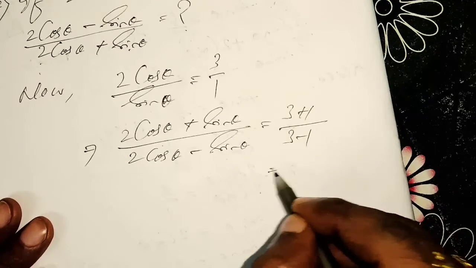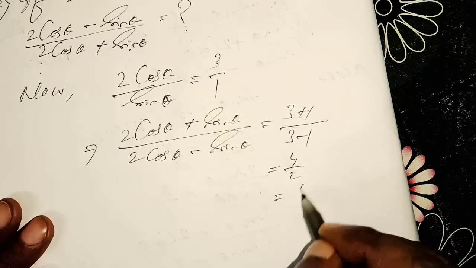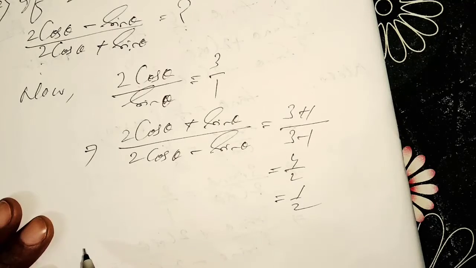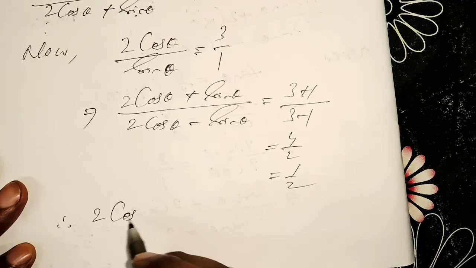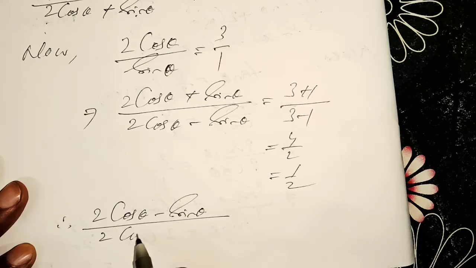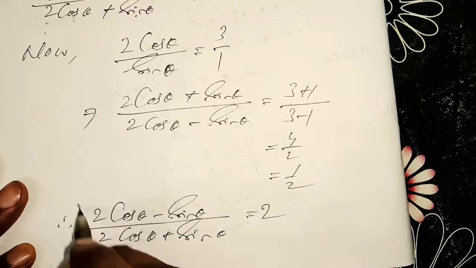How much do you get? 4 by 2, that means 2. See, you need just the reciprocal of this one. Therefore, the final answer, 2 cos theta minus sin theta divided by 2 cos theta plus sin theta, is the reciprocal of this, which is 1 by 2. So this is the answer.